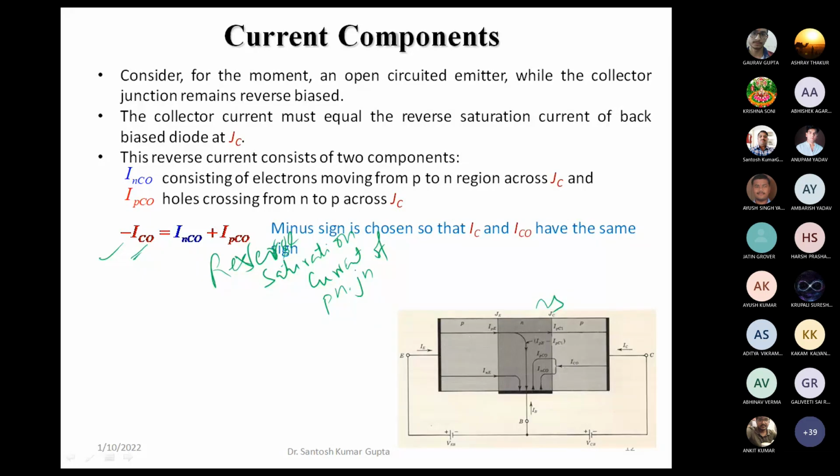Also, sometimes it is related to the case when the emitter junction is open, that is, there is nothing happening on the emitter junction. We are left with the collector junction only, and this is the current flowing through the collector junction.